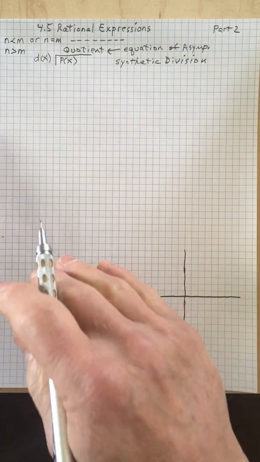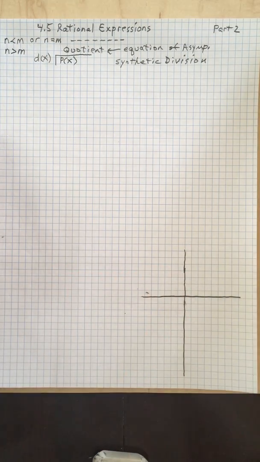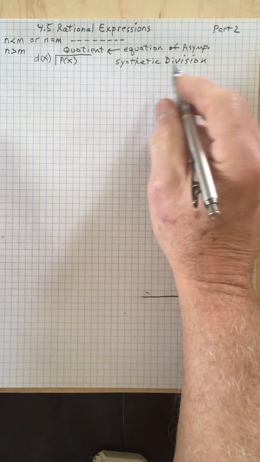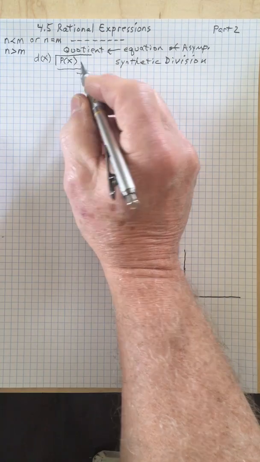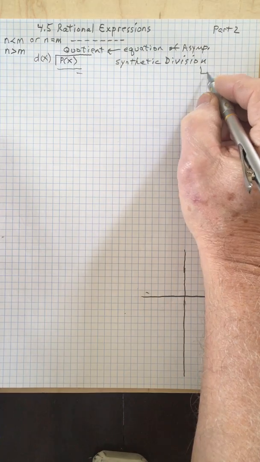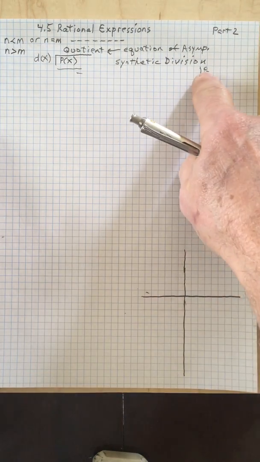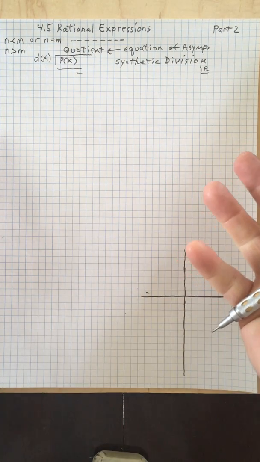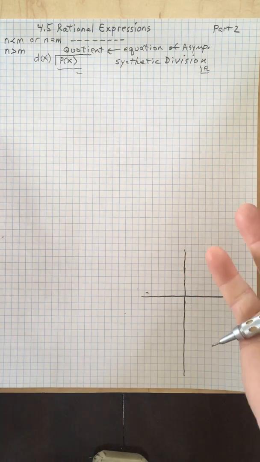Okay, what else? With the horizontal asymptote, the curve may or may not cross, and we had a way to figure that out. For this one, it's a little bit different, probably easier. When you do the synthetic division or long division, you're going to wind up with either 0 or a remainder. Sometimes a remainder will be in another equation. So you find the roots of that equation.